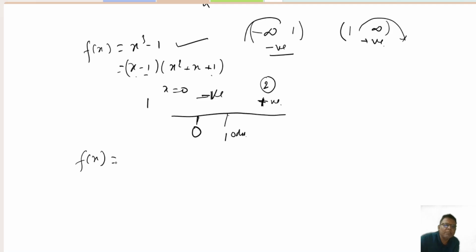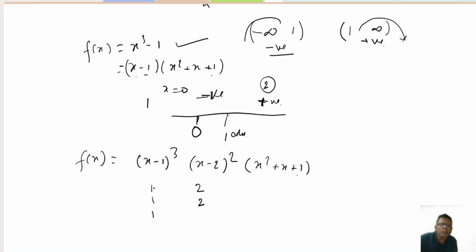Suppose f(x) is equal to (x minus 1) cube, (x minus 2) square, and (x square plus x plus 1). Here the roots are 1 three times and 2 two times. So this is odd, this is even. Now take test value 0 because it is very easy to calculate.